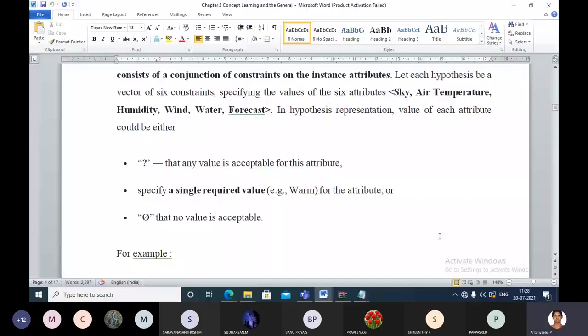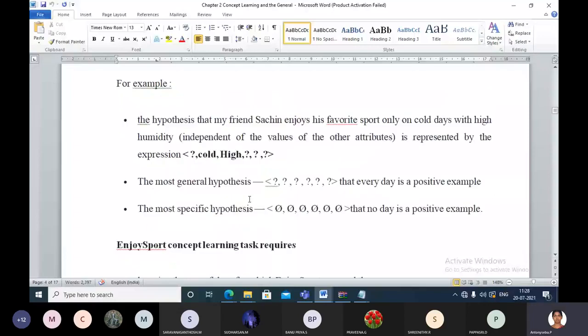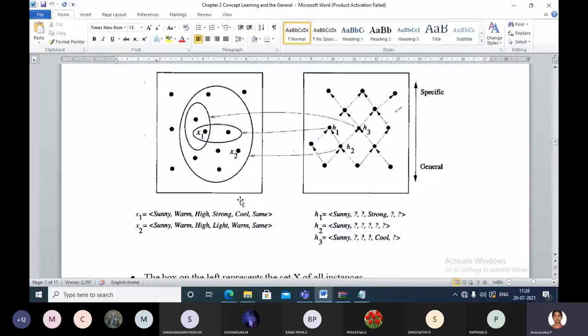So let us look into the example first so that you will understand. So it has got an algorithm. Let us look into the steps.